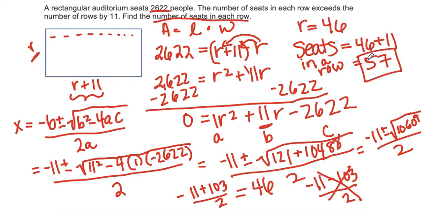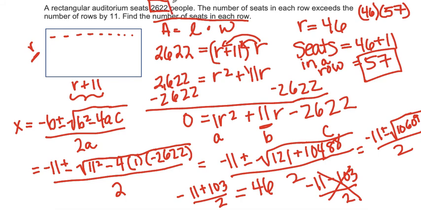And we can check it by going back to the total number of seats. Area equals 46 times 57, and we want to make sure that it equals 2,622.